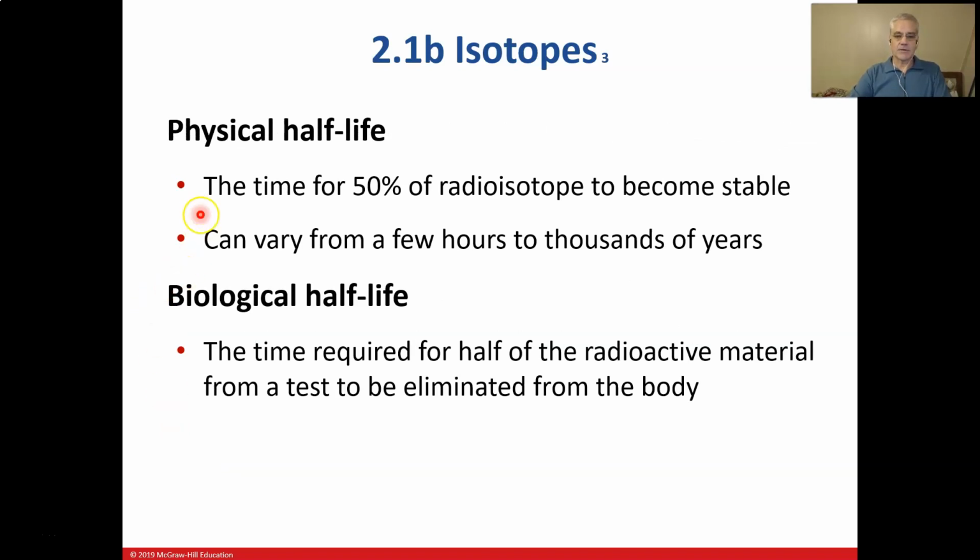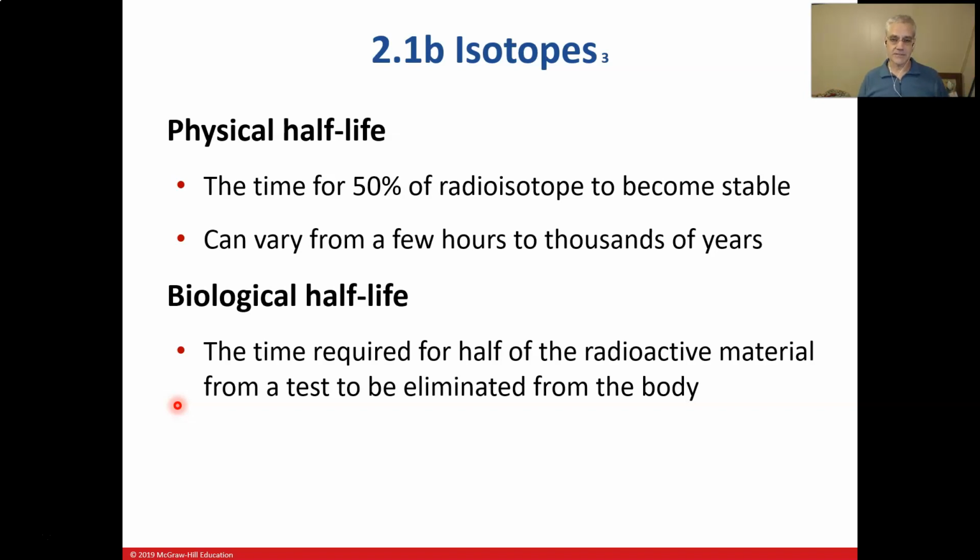An isotope has what we call a half-life. I'm actually going to go through this slide very quickly. This is not an important topic, but a half-life is, if there's a certain amount of radioactivity that an atom has, how long does it take to lose half of that radioactivity?